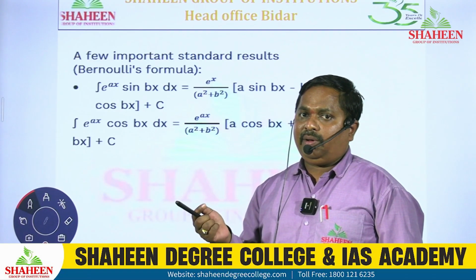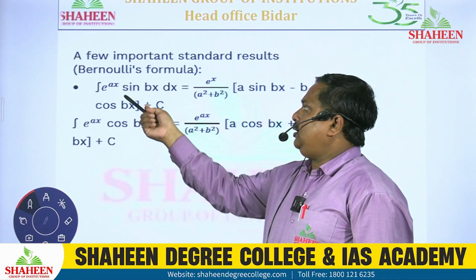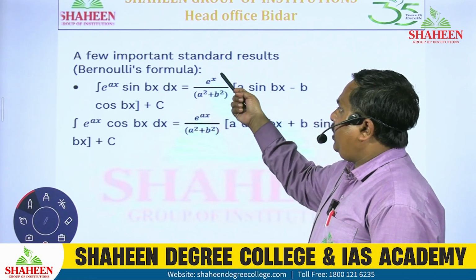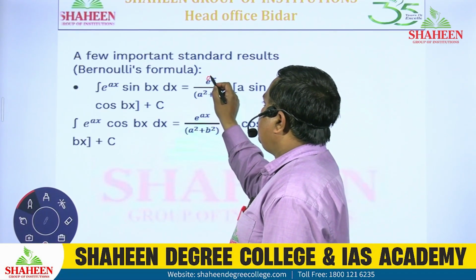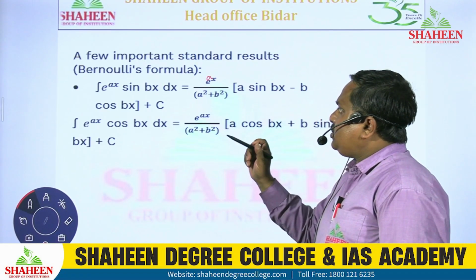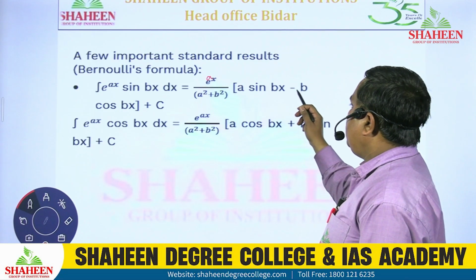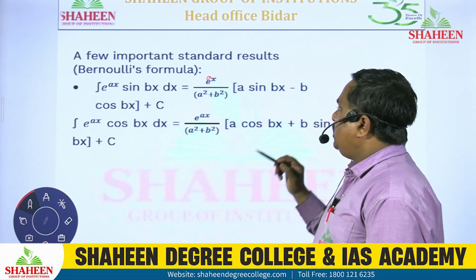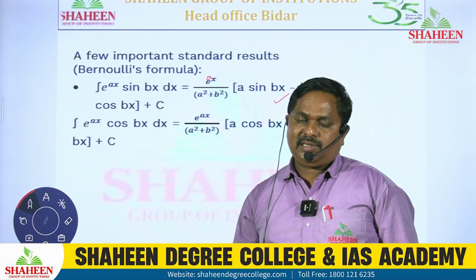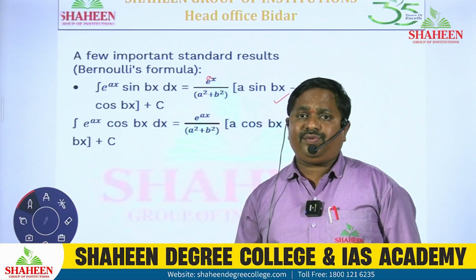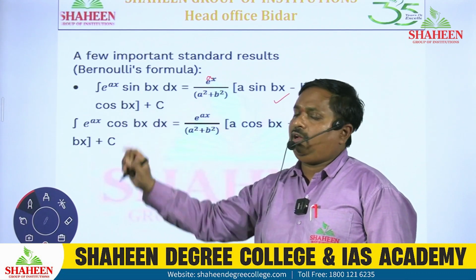The formula is e power ax divided by a square plus b square, into a sine bx minus b cos bx, plus c. So using this formula, in one step we can identify the answer of this kind of problem.